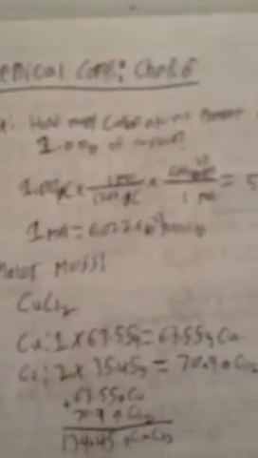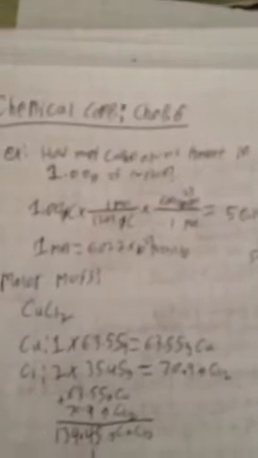Now to convert grams to moles, moles into atoms, atoms into moles, and etc., you're going to have to use a conversion factor. So in this example, you have 1 gram of carbon.